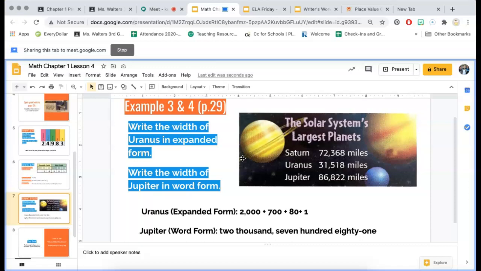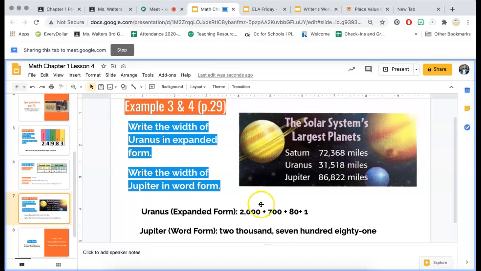And it says that Saturn is 72,368 miles across. Uranus is 31,518 miles across. And Jupiter is 86,822 miles across. And it's asking you to write the width of Uranus in expanded form.